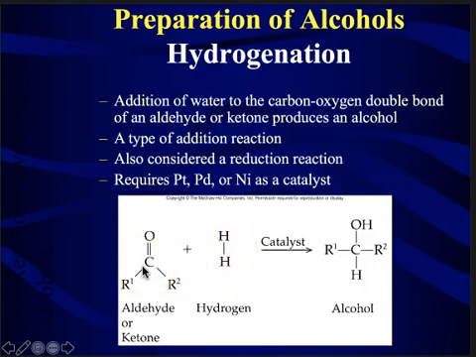It's the same mechanism as if this was a carbon-carbon double bond, but instead we're breaking a carbon-oxygen bond. So this hydrogen attaches here, this hydrogen attaches to this carbon, using a platinum, palladium, or nickel catalyst, and we get an alcohol group. We're going to consider this a reduction reaction. I'll give you an easy shortcut of how to identify oxidation and reduction reactions in another lecture, but we'll see that whenever we add hydrogen, it'll be a reduction reaction.